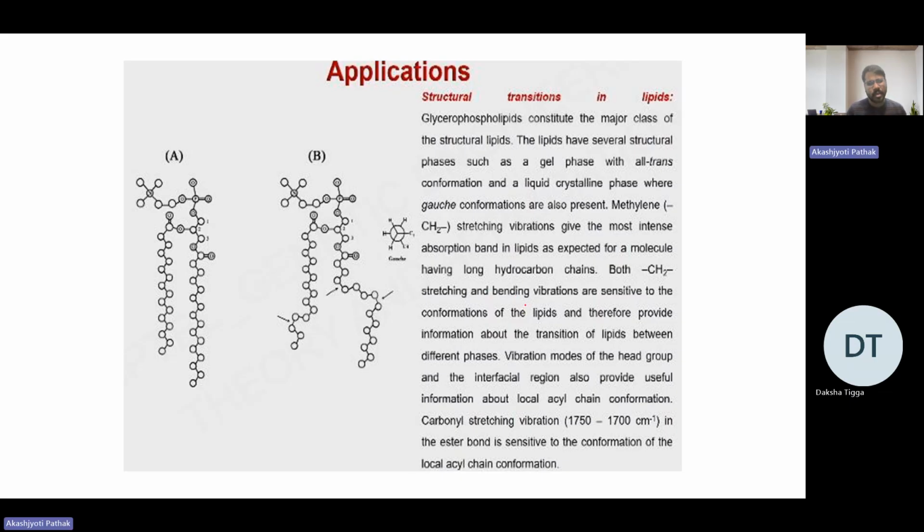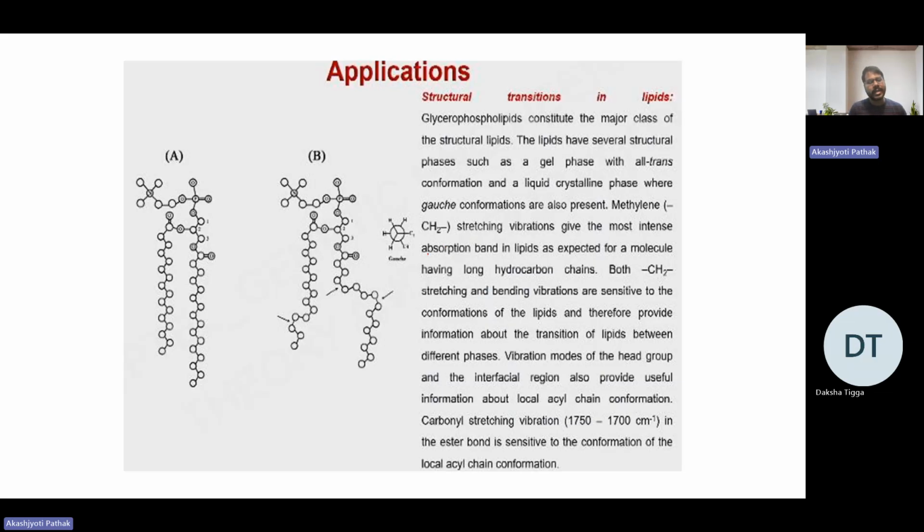So you can utilize IR spectroscopy for studying drug lipid interaction as well. These lipids have the CH2 group, the fatty acid chains, which show characteristic molecular vibrations; they have certain stretching and bending vibrations.